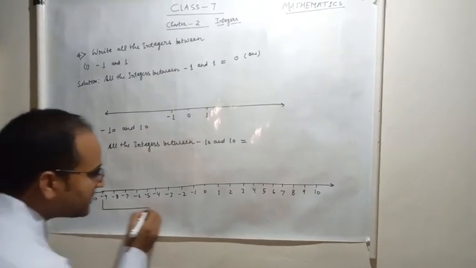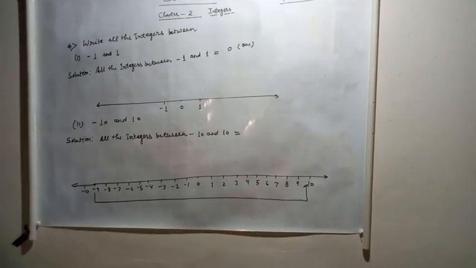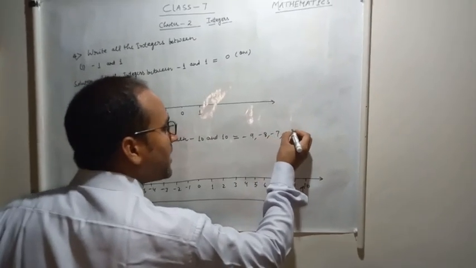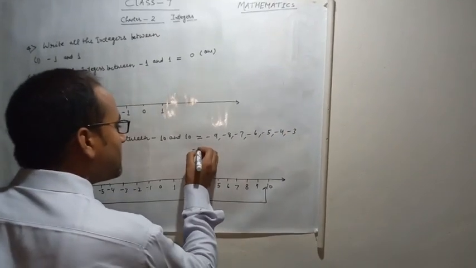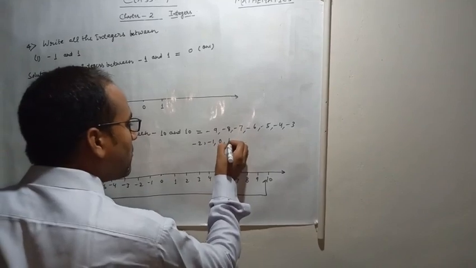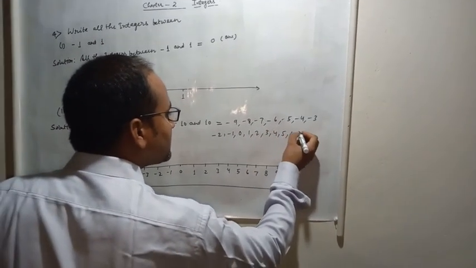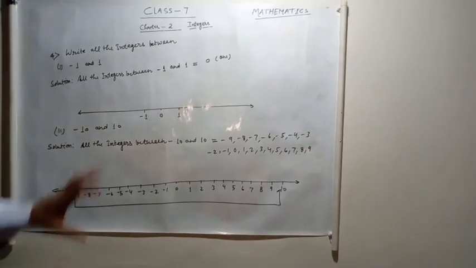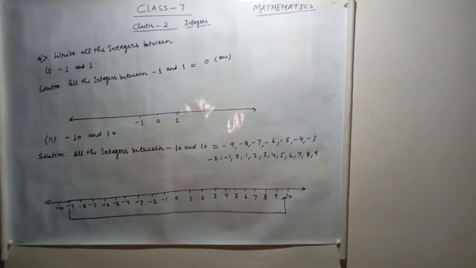These are all the integers between -10 and 10: -9, -8, -7, -6, -5, -4, -3, -2, -1, 0, 1, 2, 3, 4, 5, 6, 7, 8 and 9. These are the integers which lie between -10 and 10.